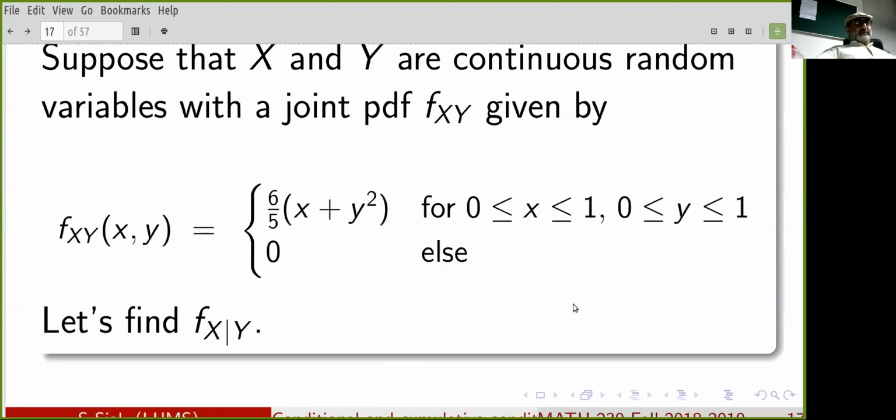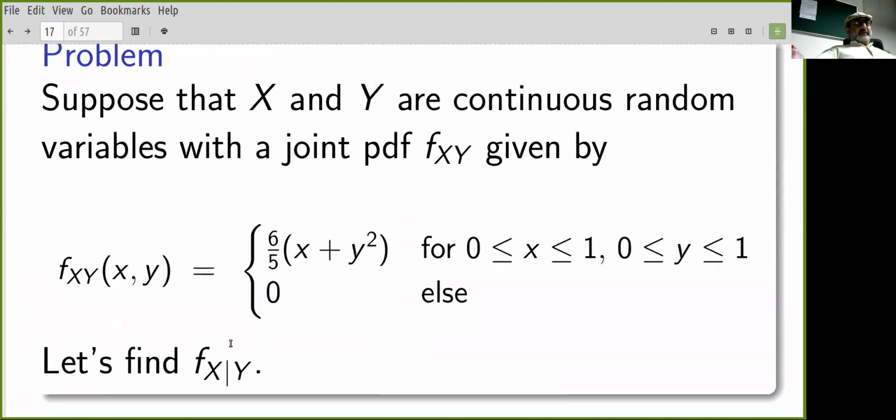Okay, so one way to do it would be to say, well, the conditional for x given y is the joint for x and y divided by the marginal for y. So we could find the marginal PDF by integrating the joint PDF.